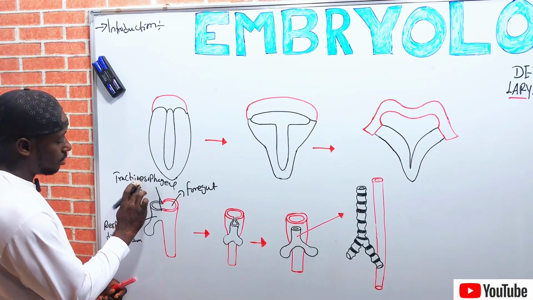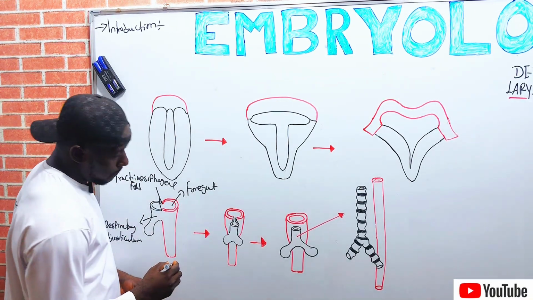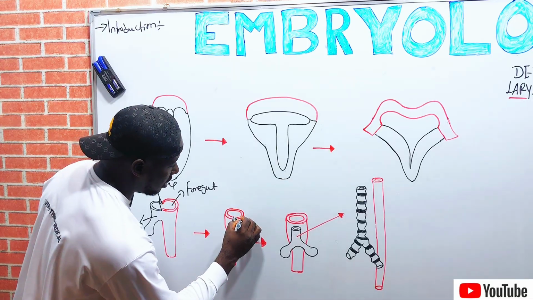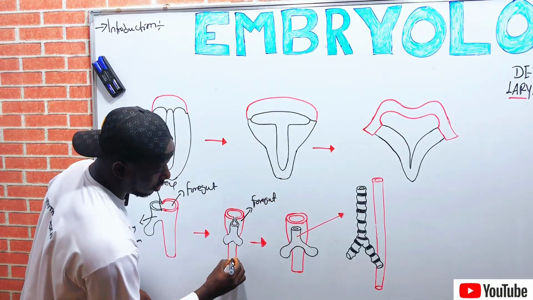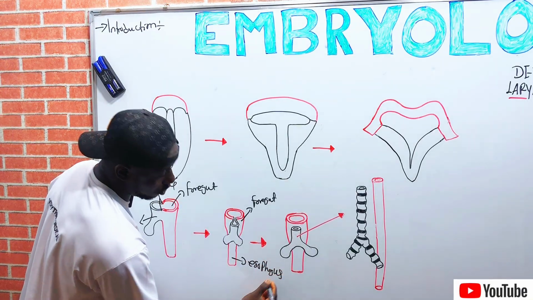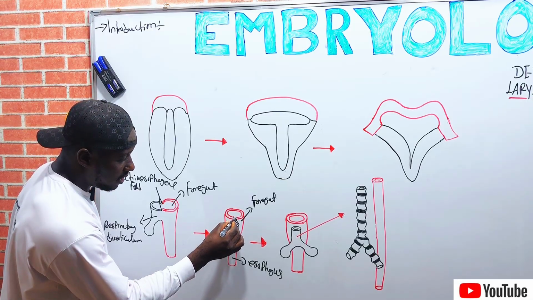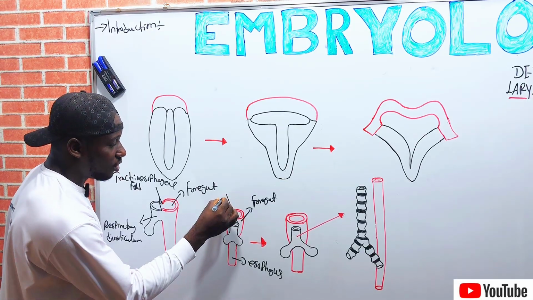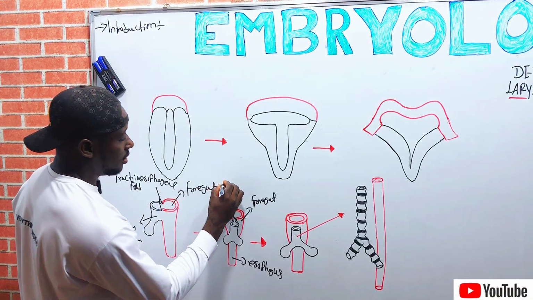Now, this is the tracheoesophageal fold. This also remains the foregut. This is usually the oesophagus, usually from the foregut, right? This is also the tracheoesophageal fold.